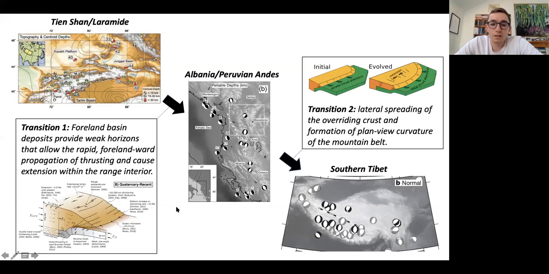So this is a speculative model, but it seems to be able to explain the differences in lots of intracontinental and ocean-continent mountain ranges with very simple physical principles, in which all we're thinking about is this balance between the horizontal forces acting through the foreland and being transmitted into the thick crust of the mountain range interior.